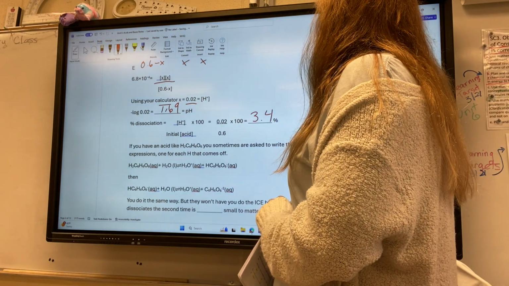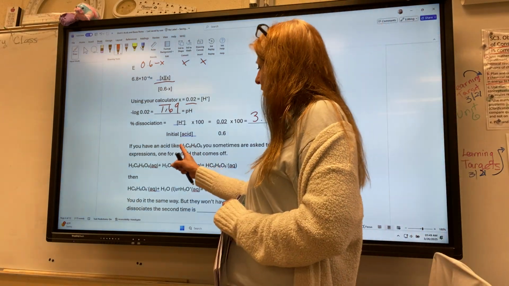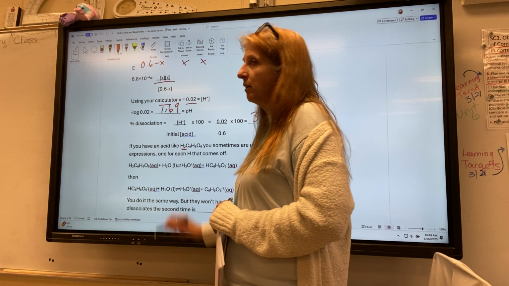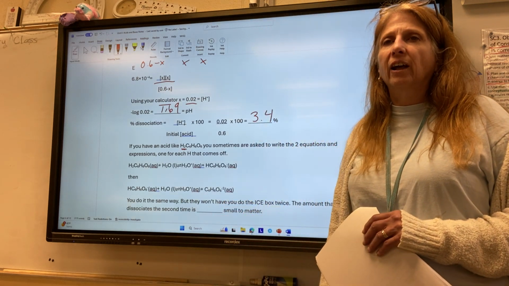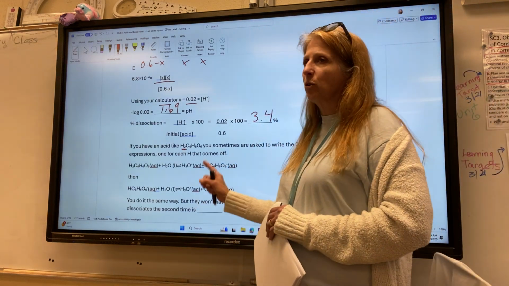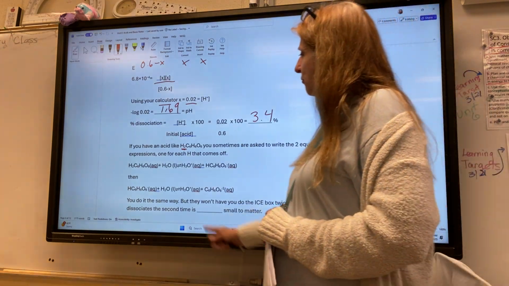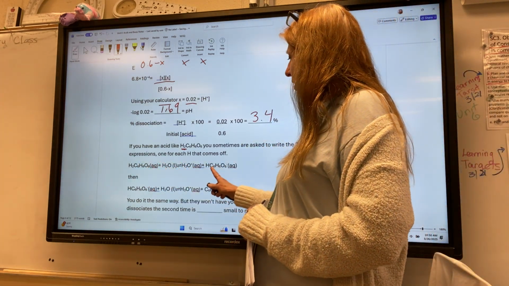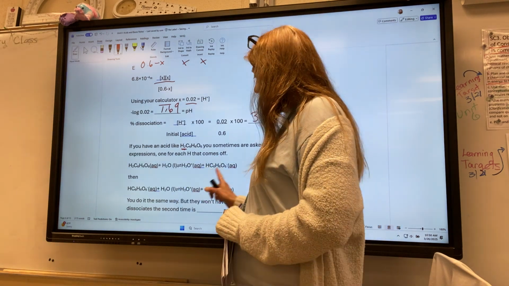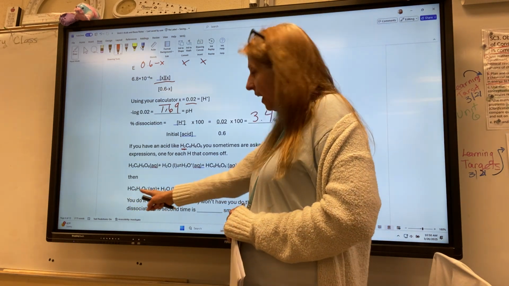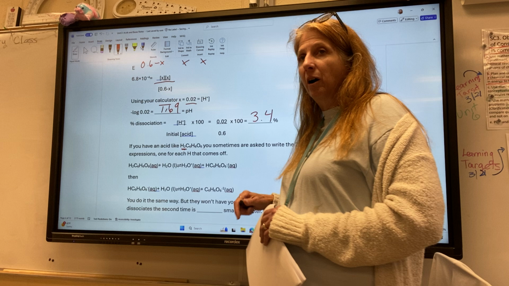Sometimes you're asked if you've got a diprotic, see those two H's right there? Sometimes they'll ask you to write the two net ionic equations for it. So first you make one H come off, and then you take that and stick it over here and do it again to make the other H come off.